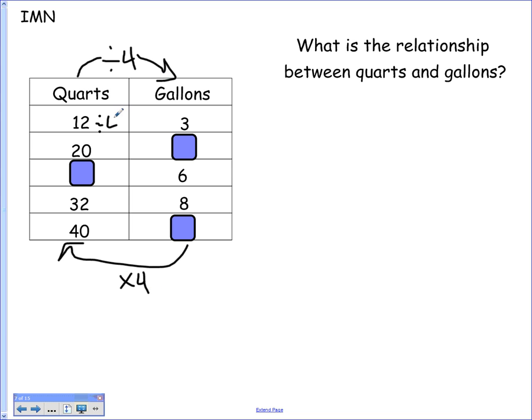So this is divide by 4, divide by 4. So this one would be times 4. That one's divided by 4, and that one's divided by 4. So 20 divided by 4 is 5. 40 divided by 4 is 10. And 6 times 4 is 24.